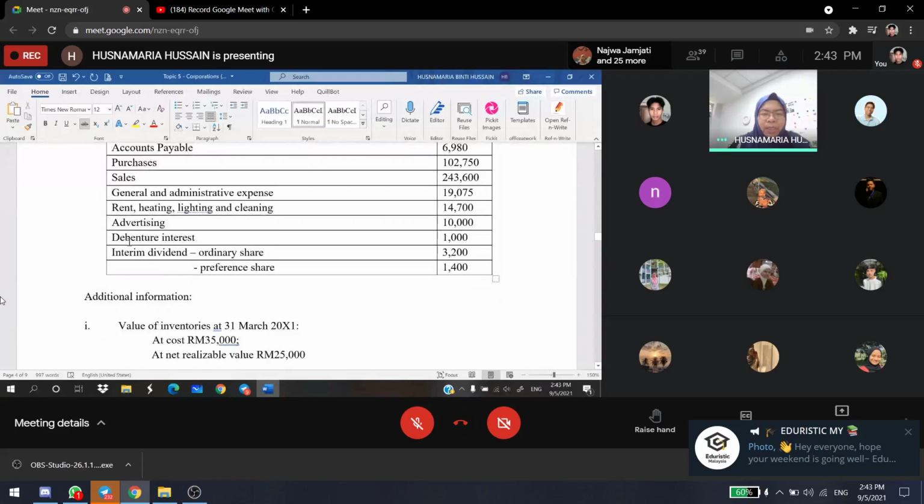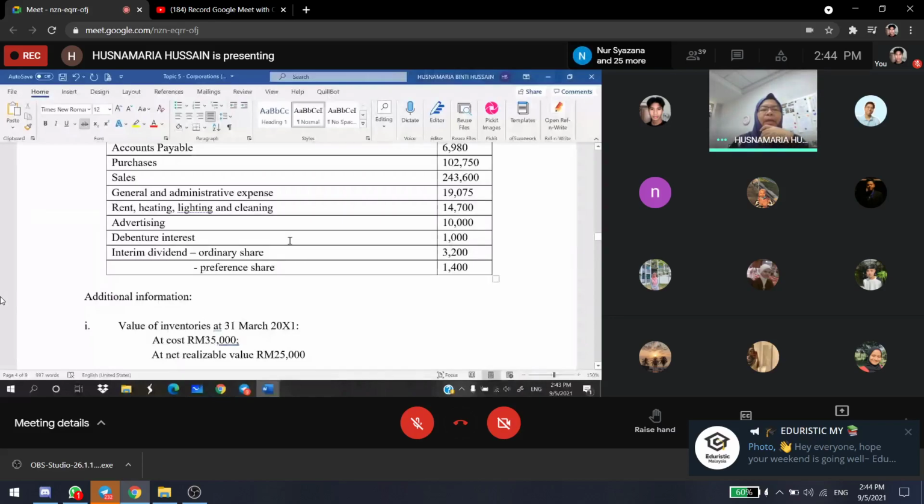Tengok, bila double entry already done. So interim dividend meaning the double entry will be credit bank, debit dividends expense on ordinary share. Done. Double entry done. Apa yang tak ada kat sini adalah payable, final dividends.